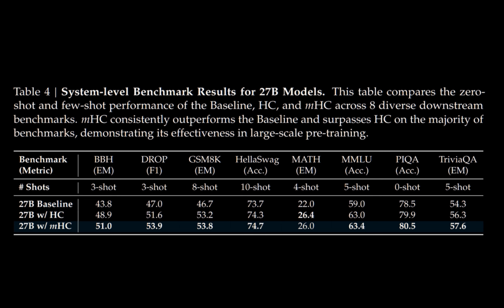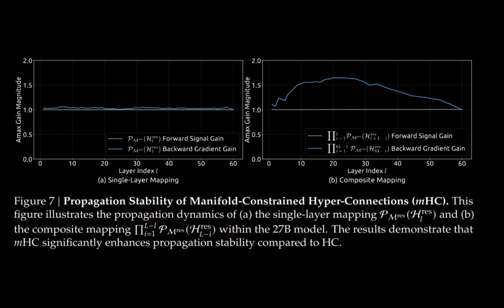Then they compared them from some benchmark perspective. They saw that basically mHC performed the best almost in all of them, in several math, reasoning, knowledge, and so on benchmarks. And they also show that the Amax gain magnitude was very good, as we expect from a doubly stochastic matrix.